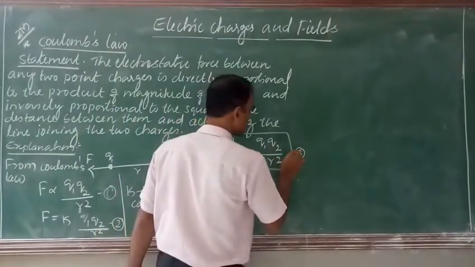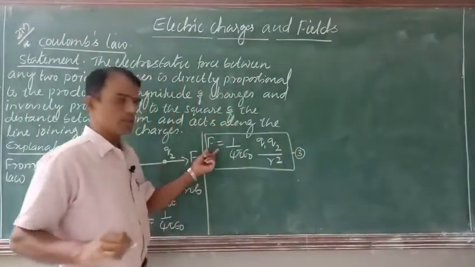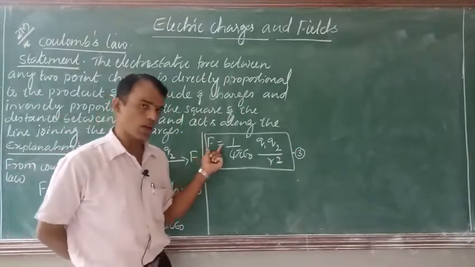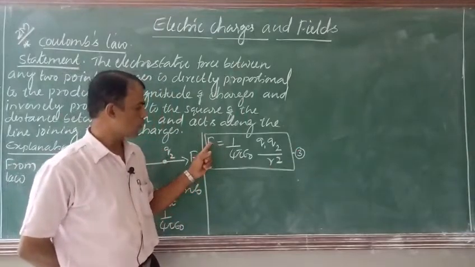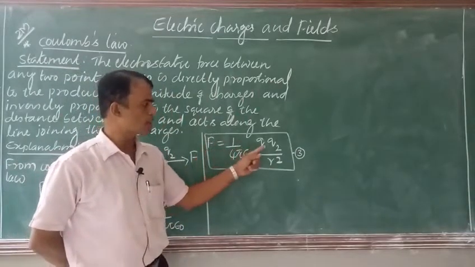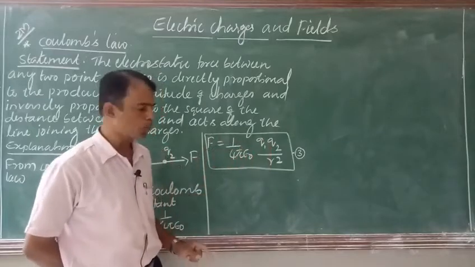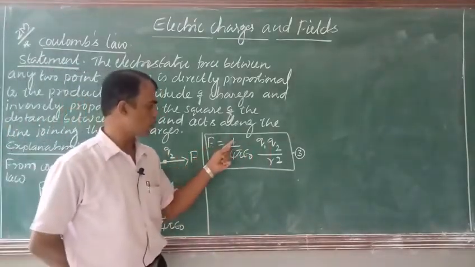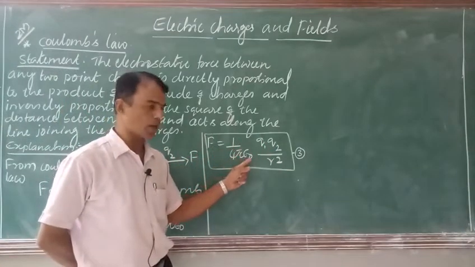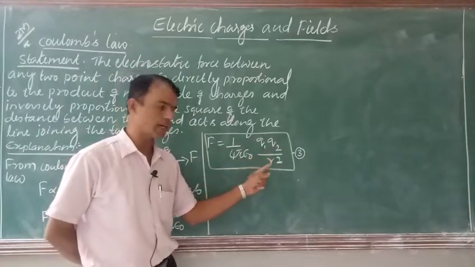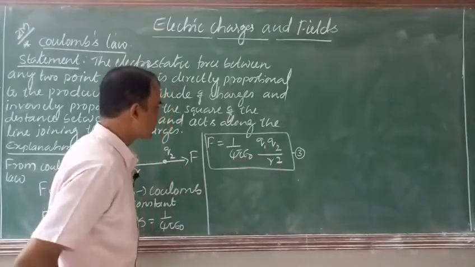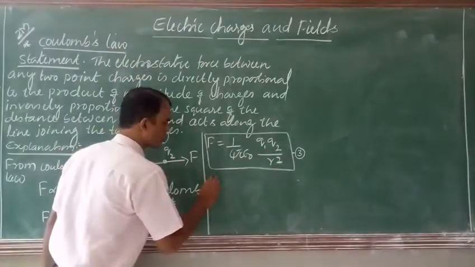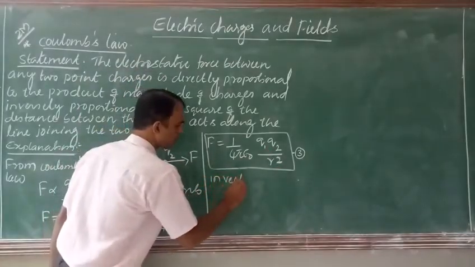This is the mathematical form of Coulomb's law. The electrostatic force F between two point charges Q1 and Q2 at a distance r is given by F is equal to 1 by 4 pi epsilon naught Q1 Q2 divided by r square. Since force is a vector, we want to write it in vector form.